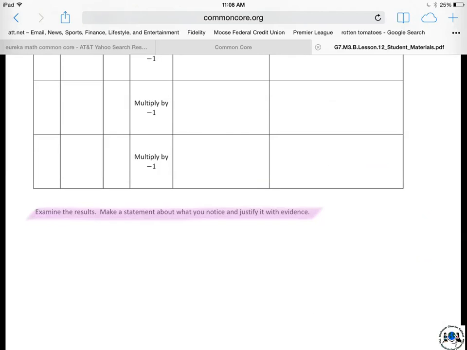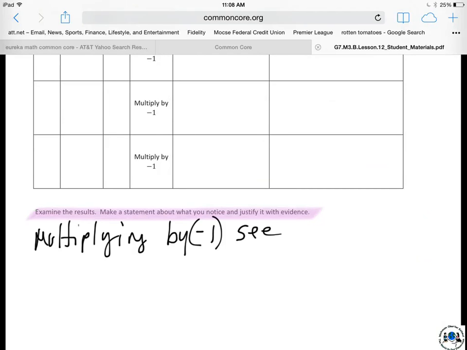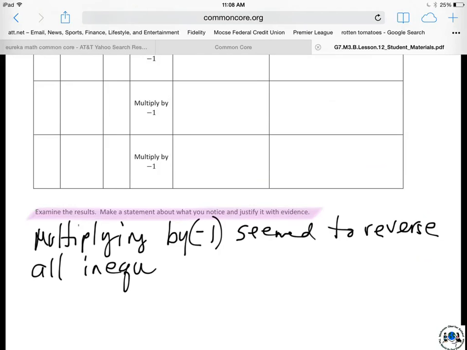Well, if you wrote something to the effect of what I just said, multiplying by a negative 1 seemed to reverse all inequalities, then you could just cite one of these examples up here as your evidence. Okay.